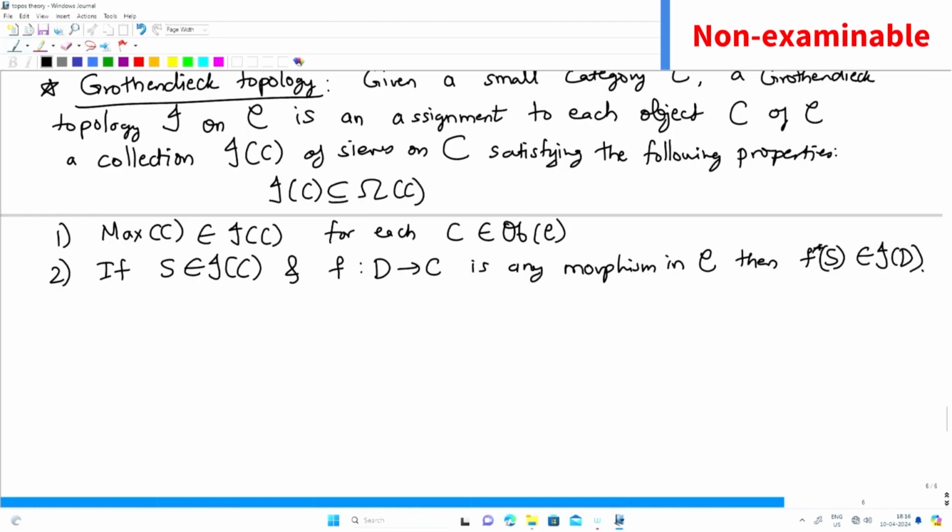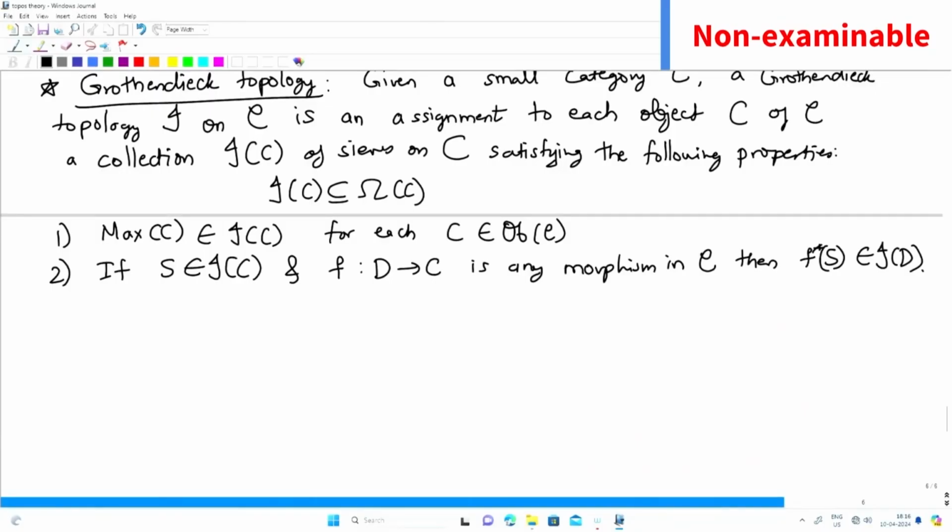Every pullback of a sieve is like a continuous map. And it's going in the reverse direction, obviously. Just like a continuous map will require that inverse image of open is open, this is like that condition. And the third condition, well, the first one is called maximality. The second one is called pullback axiom, and the third one is called transitivity axiom. So max, maximal, then pullback, stability under pullbacks, and this is transitivity.